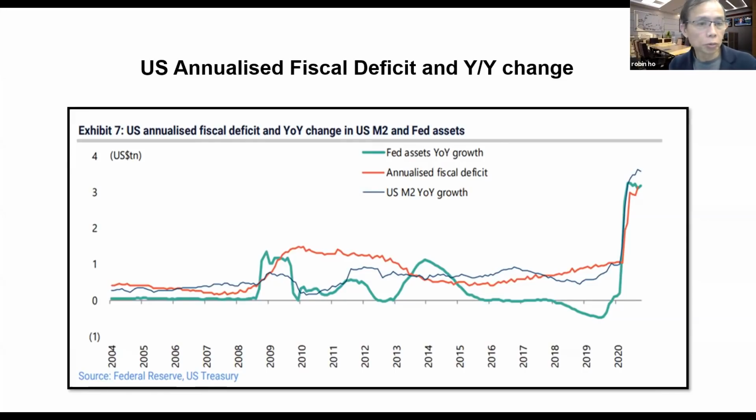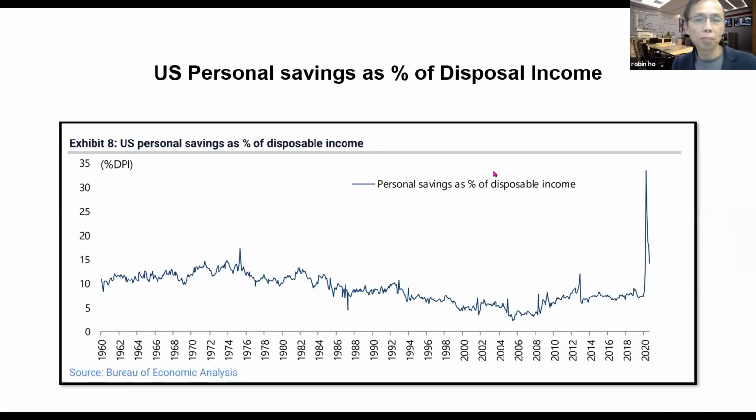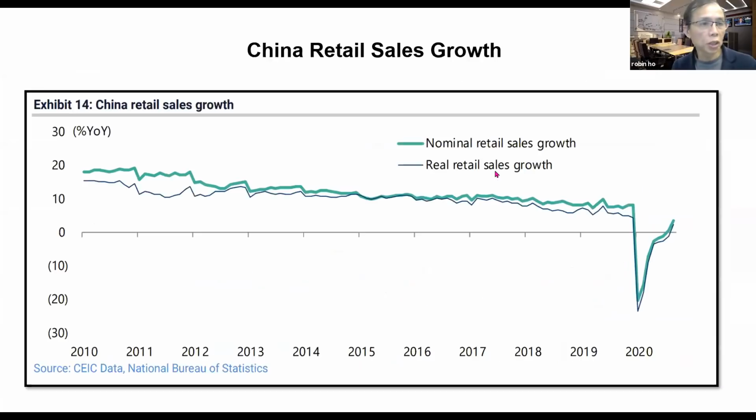So here you see that the U.S. annualized deficit has, never before in history, hit close to $3.6 trillion. That's how much the Fed debts are, and personal saving in the U.S. is crashing. So you have debts going up, you have personal saving crashing, but the story is different in China.